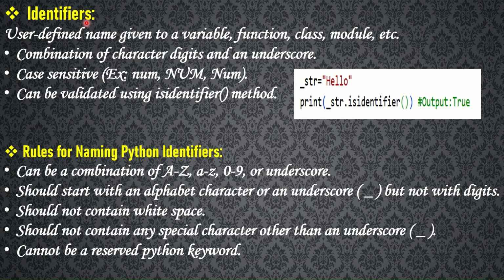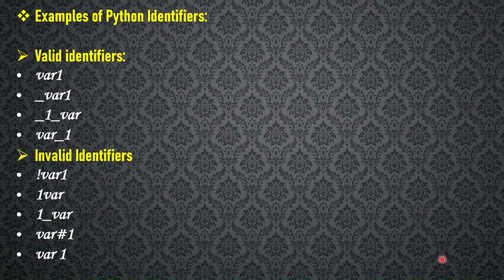So this is about an identifier along with its characteristics and its rules. Now let's see some examples that validate identifiers. Here I have given some examples that come under valid and invalid identifiers. This name is a combination of letters and digits, and it starts with a character, so this is valid.